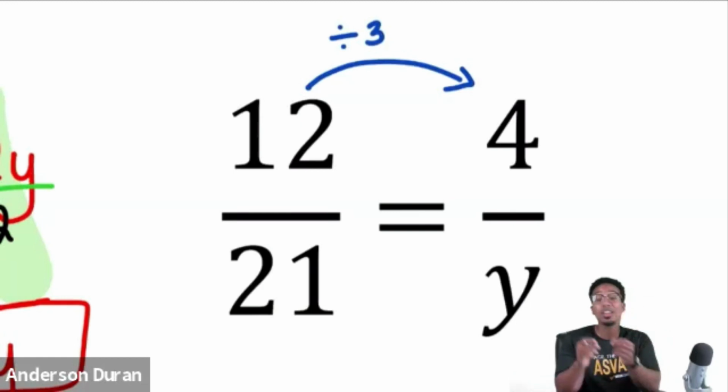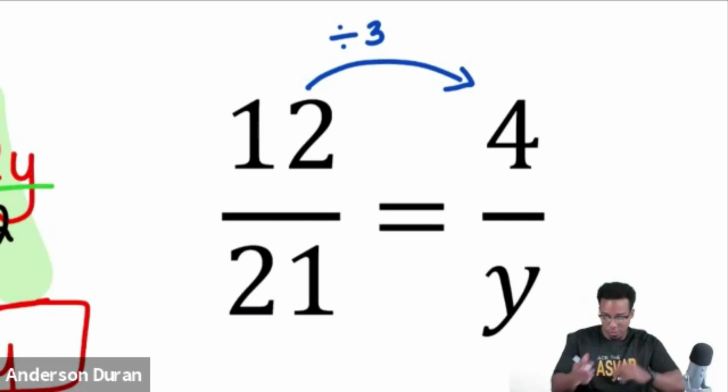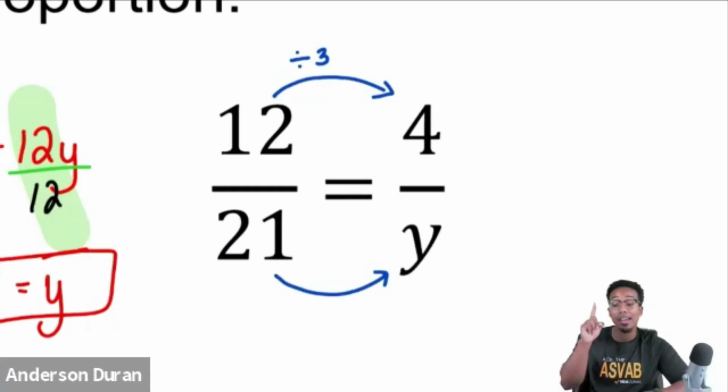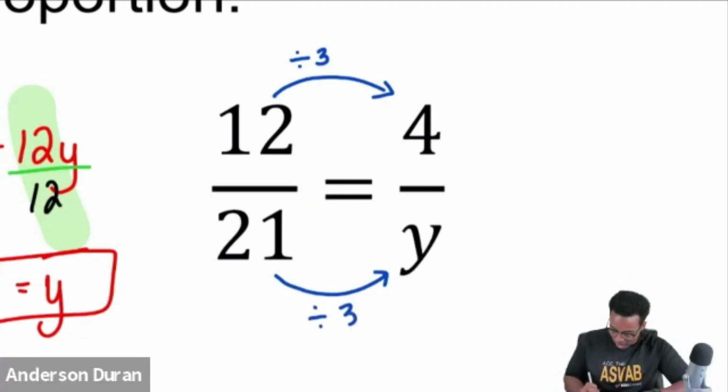So how are we going to go from 21 to y, everybody? By dividing by 3. That's right. So 21 divided by 3 is what, my party people?